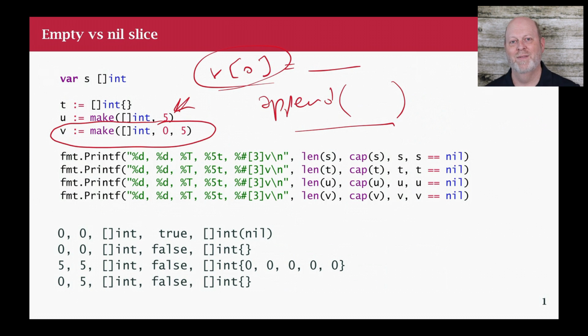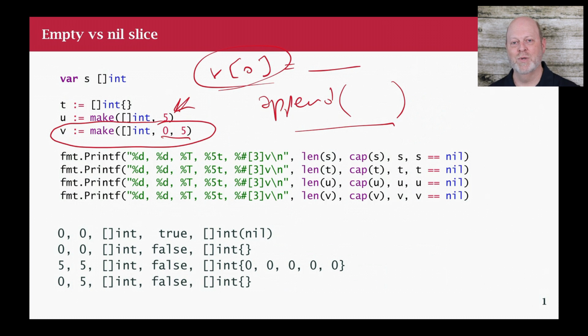This is the thing that actually gets me every once in a while. I'll create a slice and I'll forget to put 0, 5 or something. In other words, I want to save the space to put stuff in it, but I forget to give it two values to say the length is 0, but the capacity is non-zero. I'll give it one. It'll have a length, it'll have a bunch of zeros, and then I'll start appending.